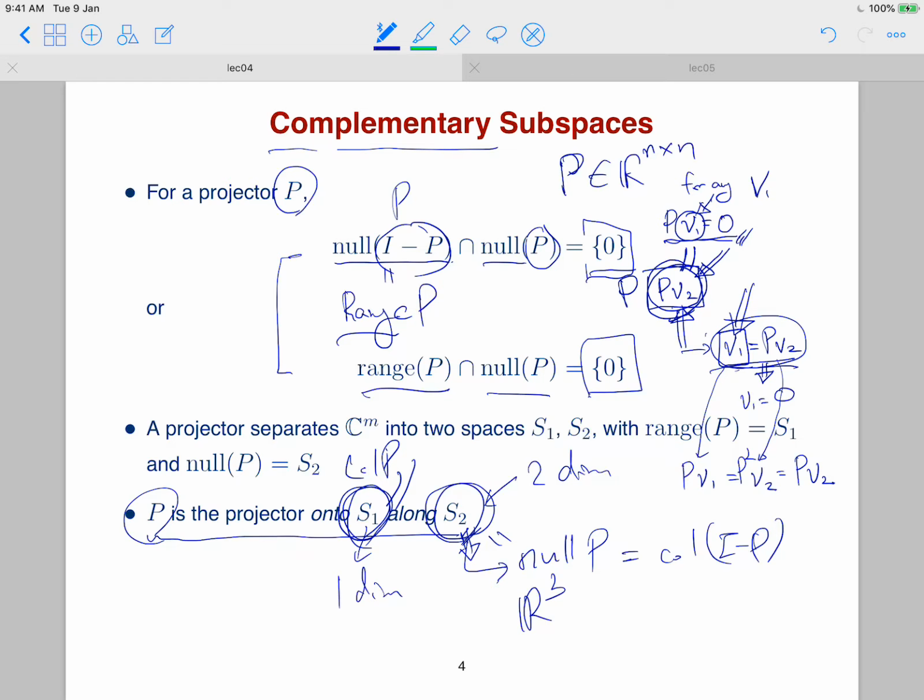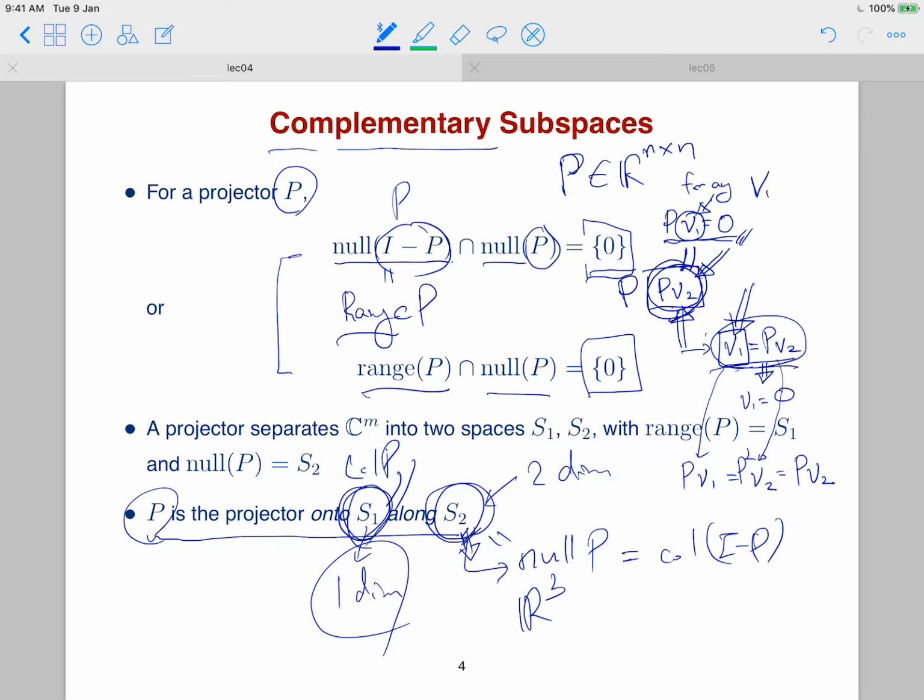So the entire space should be R3, right? For S1, the column space of P, we didn't determine a particular matrix P, but we just consider a subspace S1, which is the set of all the projected points. And suppose that is a single line.